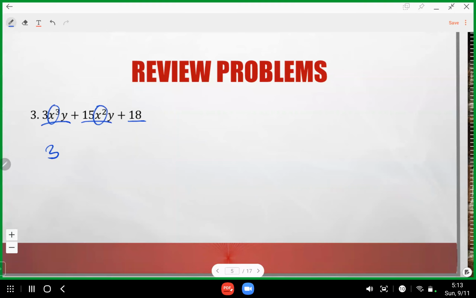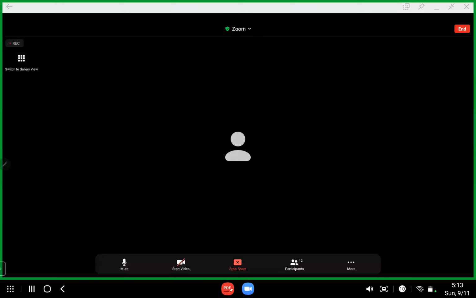And we can't even factor out y either. So what we're left with is just x cubed y plus 5x squared y plus 6. So you can't really do anything with that. All right. That's it for the homework.